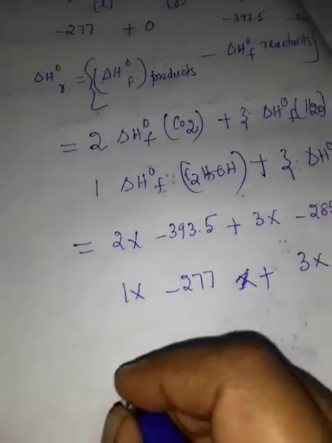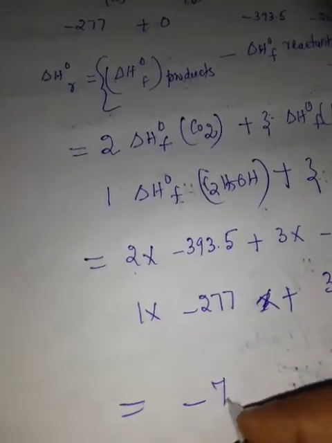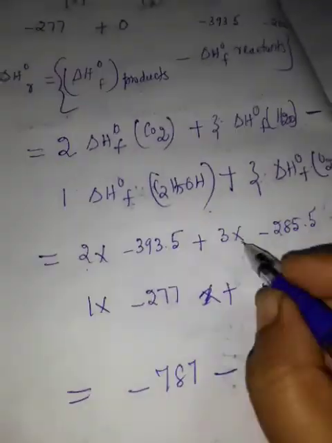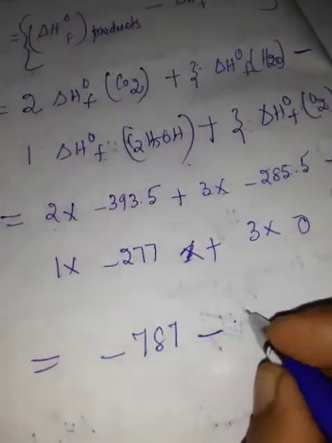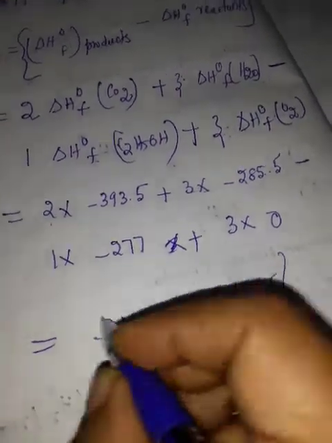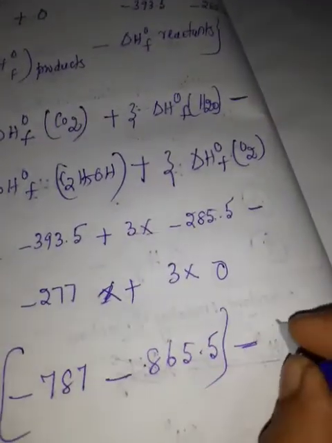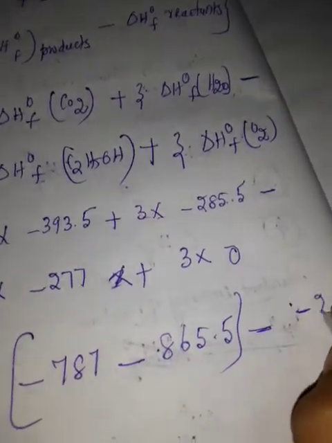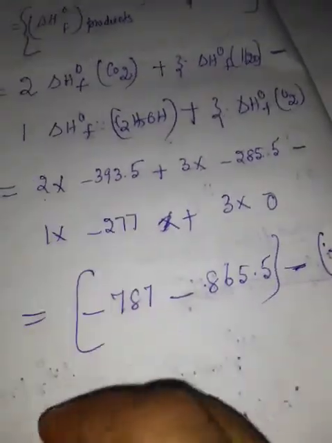So 2 into minus 393.5 is minus 787, and multiplying the water term we get minus 856.5. Minus the reactant, 1 into minus 277: minus into minus becomes plus.